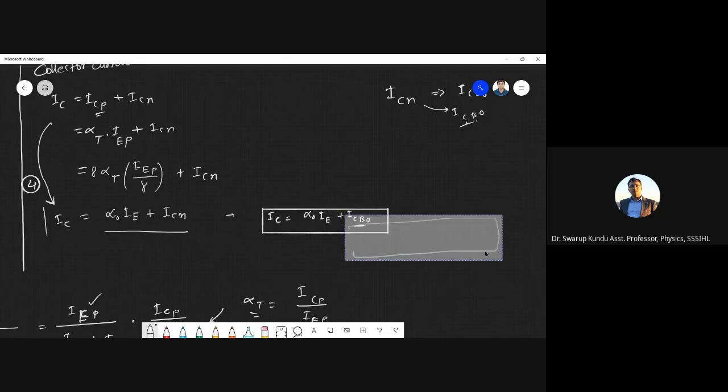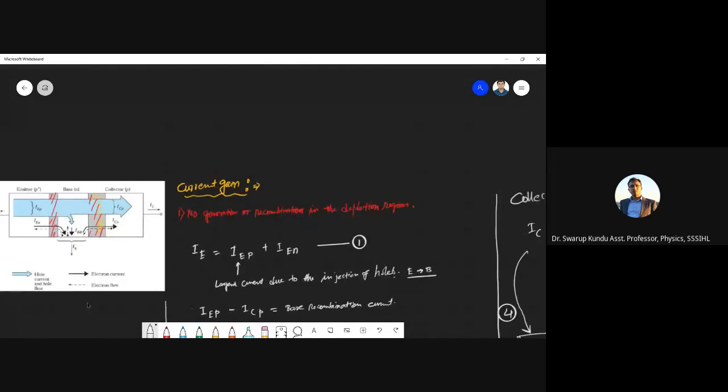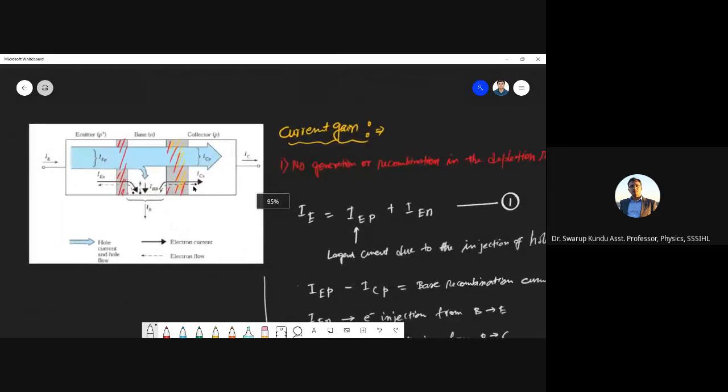See ICN, you see the figure, how we define ICN. The ICN definition is because of the electron diffusion, so it's minority carrier, electron diffusion from collector to base, this dotted arrow.